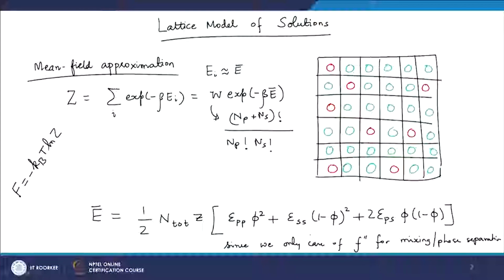we can drop all the linear terms, that are terms containing either phi or a constant, because anyway we are interested in second derivatives.